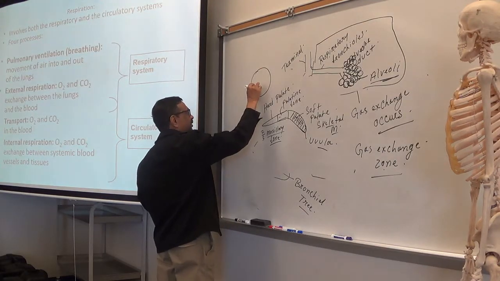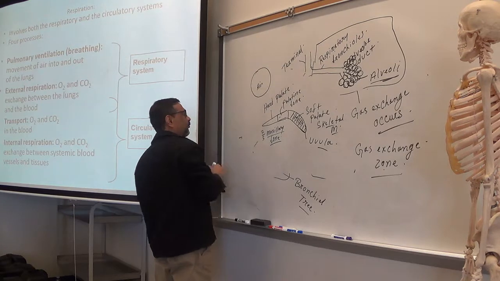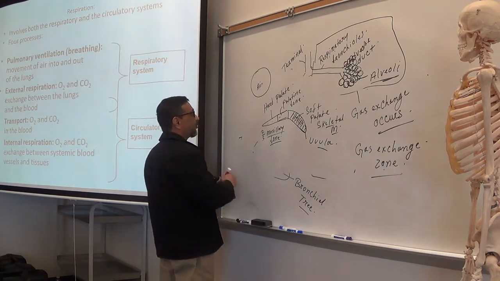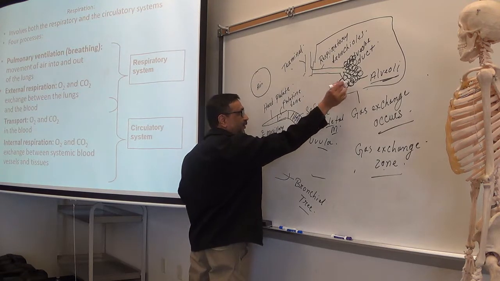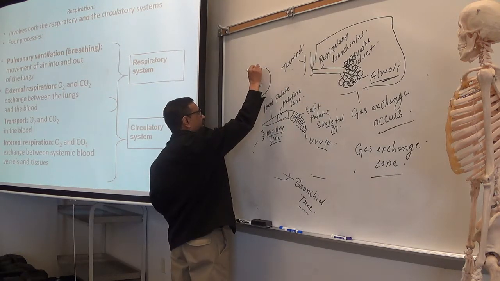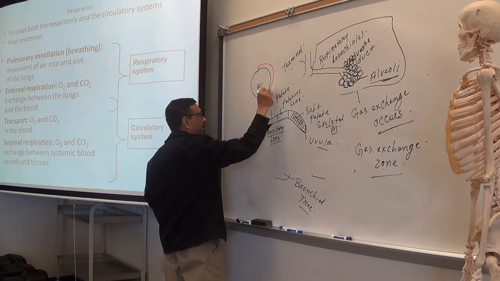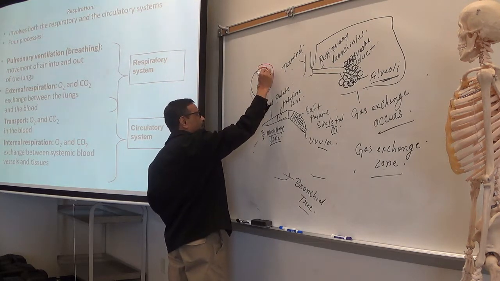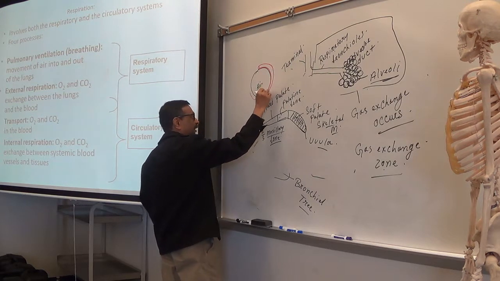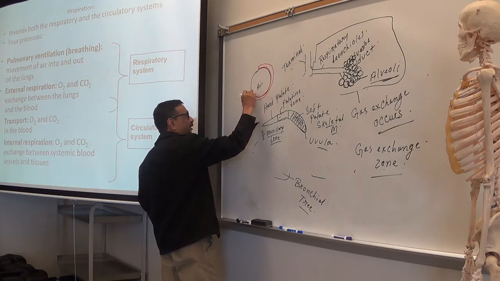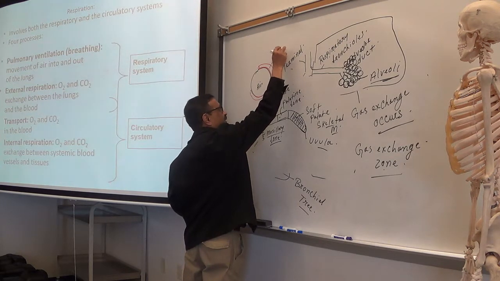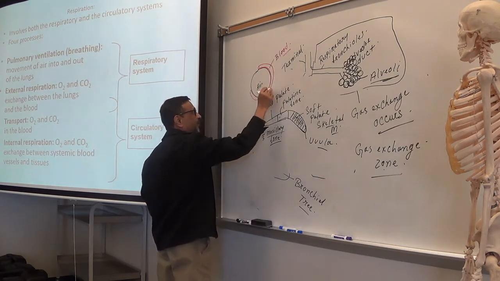You have air inside, and on the surface of each alveolus you have capillary. So this is the capillary, okay? Blood capillary. So you have blood here. Makes sense, right? Inside the capillary you have blood.